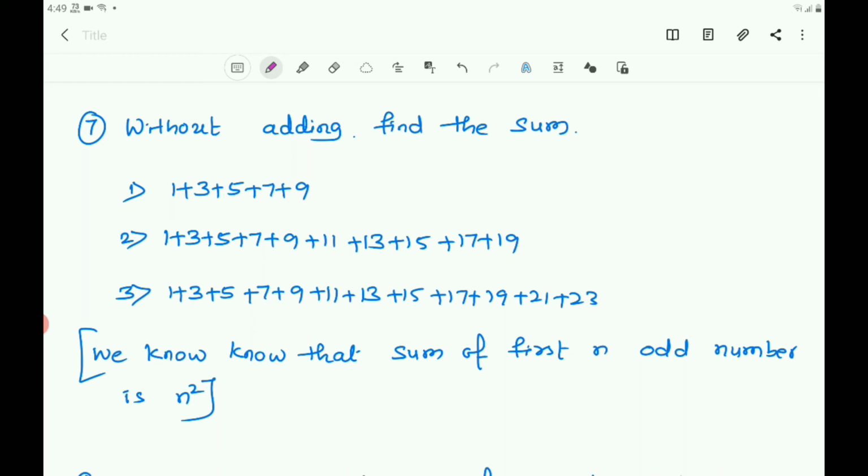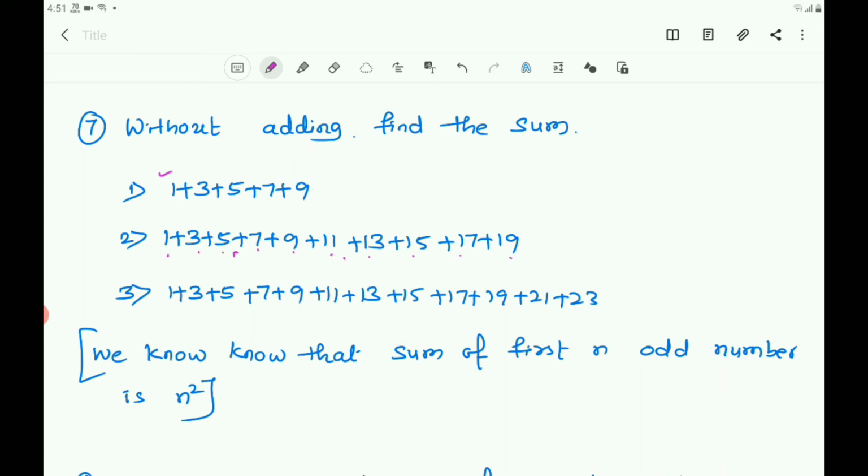All are odd numbers, and in the first case, that is the sum of the first 5 odd numbers. In the second case, 1 2 3 4 5 6 7 8 9 10, there are 10 odd numbers, that is the sum of 10 odd numbers. And in the third one, there are 12 odd numbers, that is the sum of 12 odd numbers.